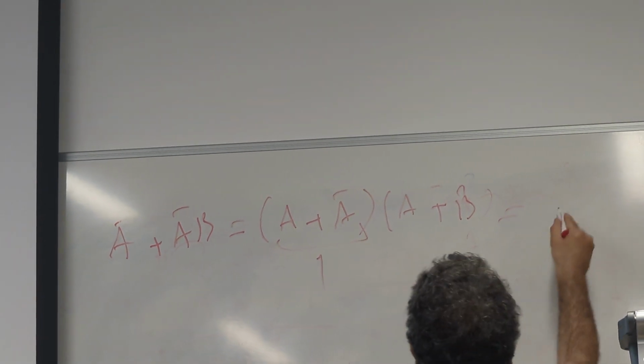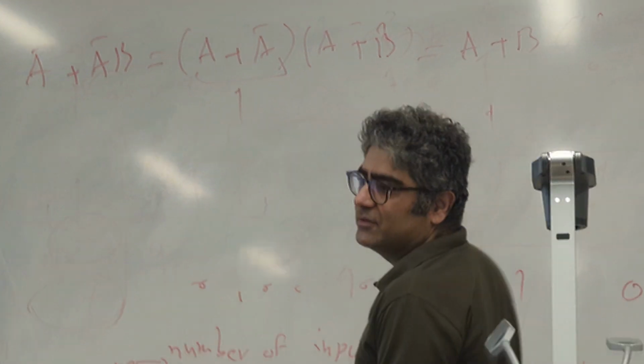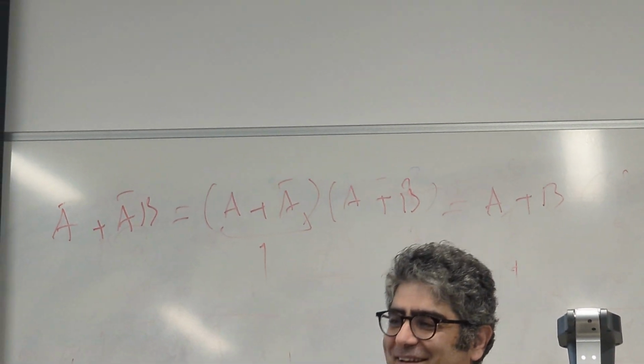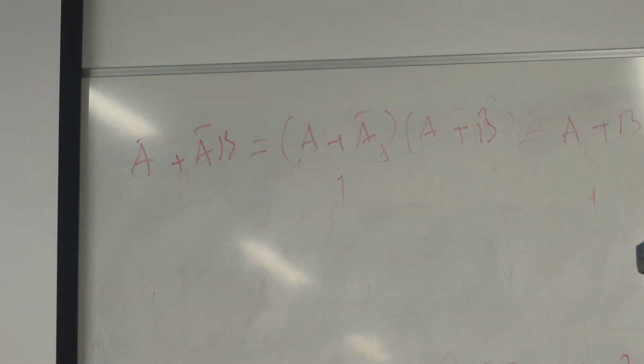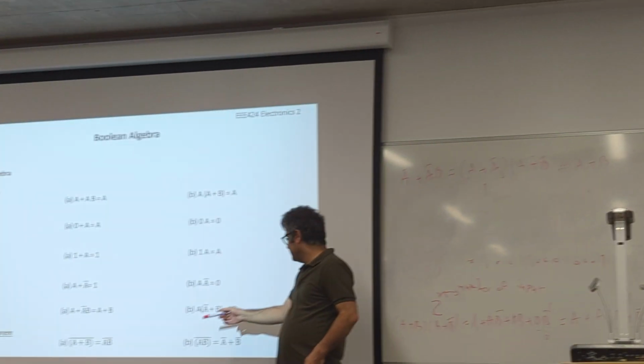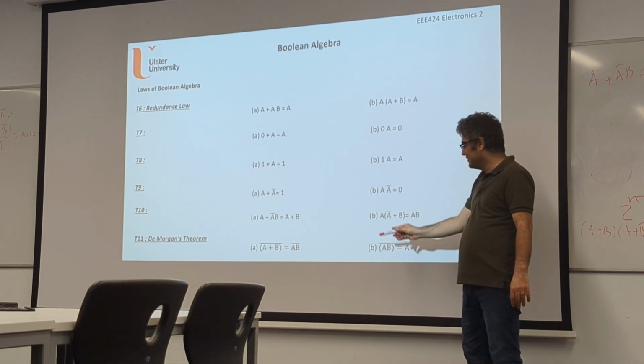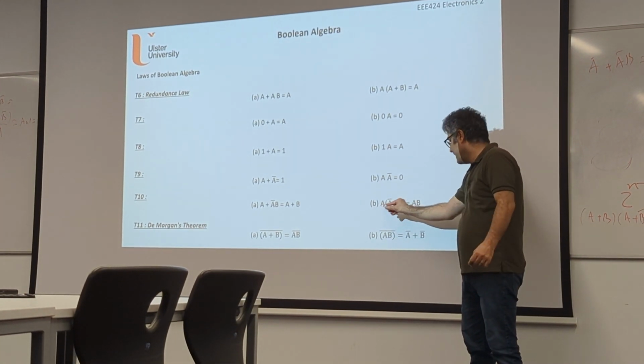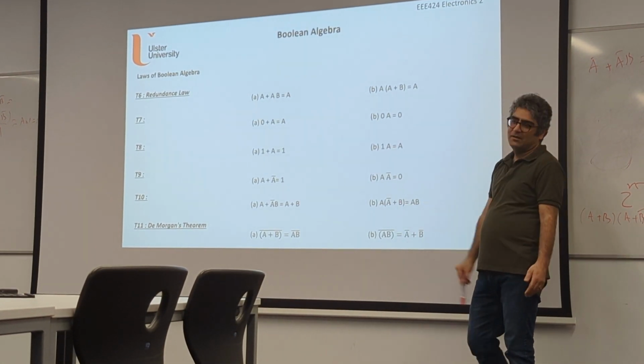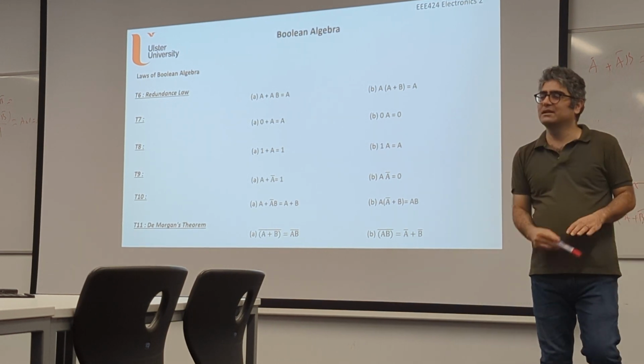Then it would be A plus B. Finish. You see how easy they are? The other one. A times A naught, 0, plus AB. Finish. A times A naught, 0. A times B, AB. You see they are very easy if you get the rule.